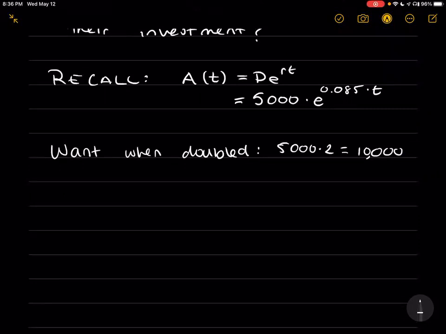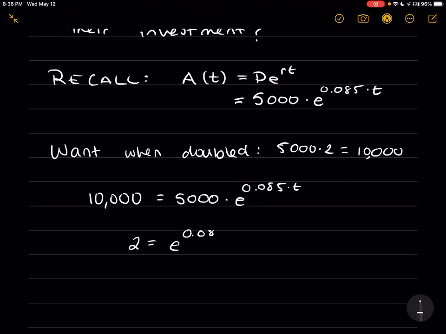So we want to set A of t equal to 10,000. And then we have 10,000 equals 5,000 times e to the 0.085 t. And we want to solve for t. We want to know how much time this is going to take. Okay, so let's go ahead and divide both sides by 5,000. So we get 2 equals e to the 0.085 times t.